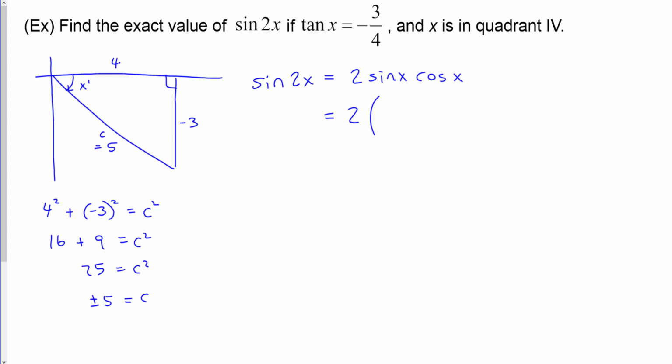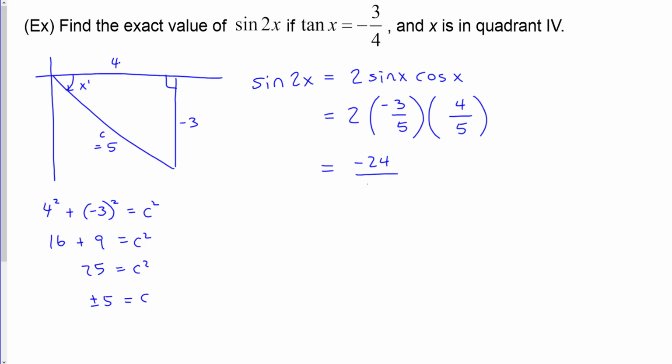So sine x would be the opposite over the hypotenuse. Cosine x would be the adjacent over the hypotenuse. So 2 times negative 3 times 4, that would be negative 24.